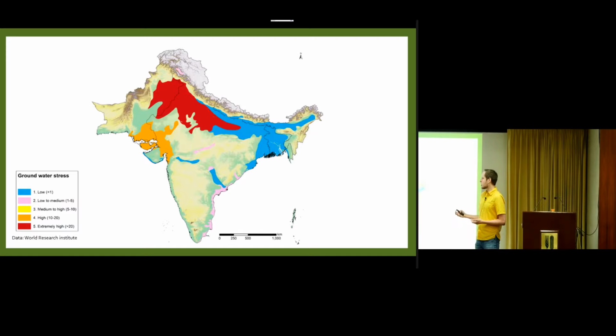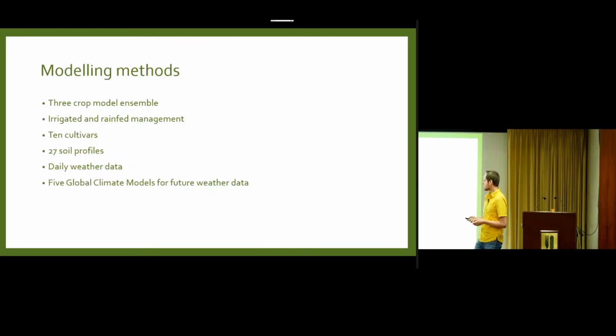And in some parts, this also creates problems with soil salinization because salt groundwater starts to mix with the fresh water, and this is just not great if you use that water for irrigation. So that's an introduction to what the Indo-Gangetic Plains is and wheat production in this area.